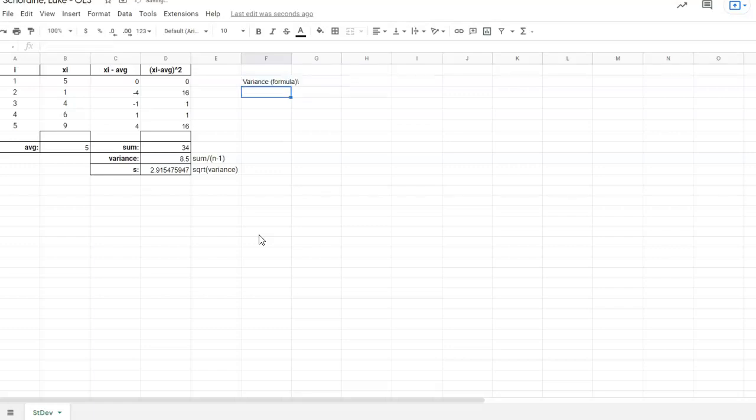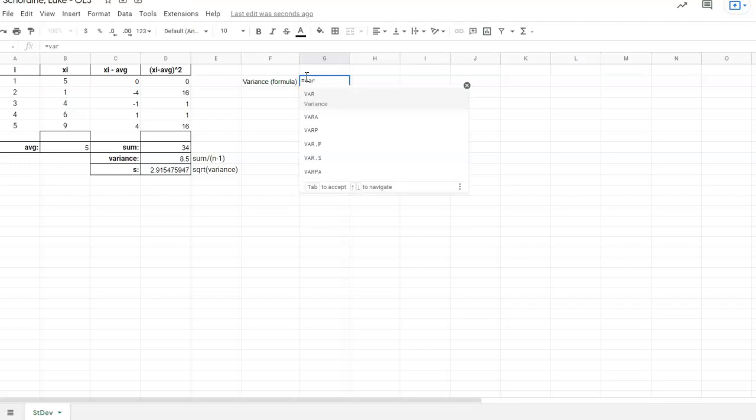In order to calculate the variance in the formula version, what I'm going to do is put in equals, and then I'm going to use the formula for variance, which in Google Sheets is VAR. And you can see that it pops up the tooltip that says variance. Now I'm going to open parentheses, but the numbers that I'm going to put into this variance formula are the individual values, xi.